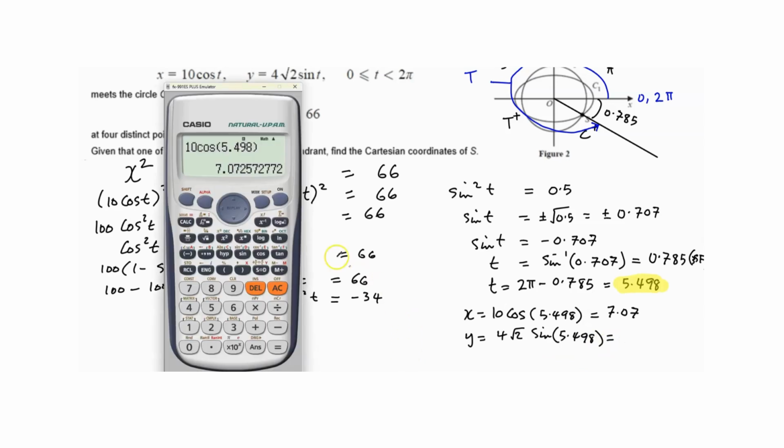So let's put this in our calculator. We're going to have 4 root 2 sine t, which is 5.498.